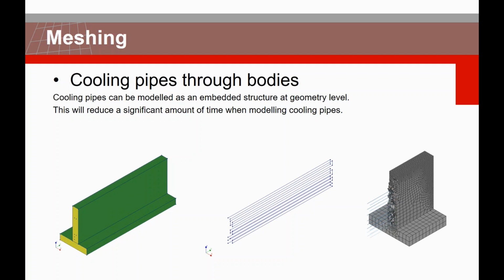You just place your cooling pipes inside your solid model, and when you go through the meshing, the program automatically recognizes the position of the cooling pipe and internally discretizes your mesh in order to match and get aligned with your cooling pipes.